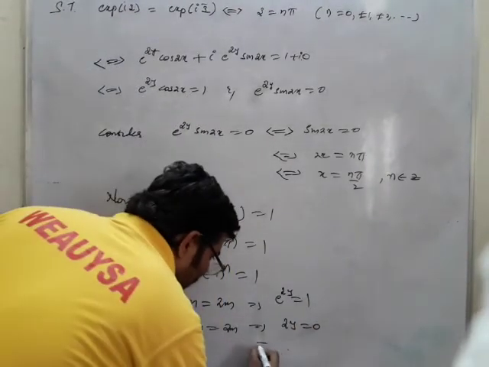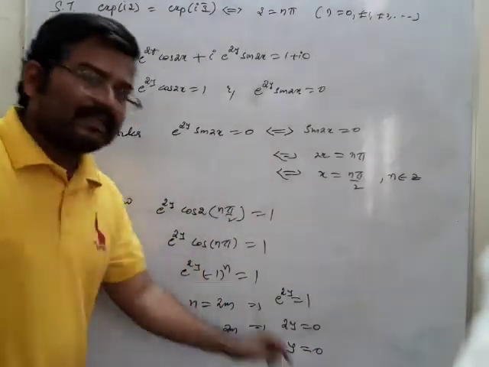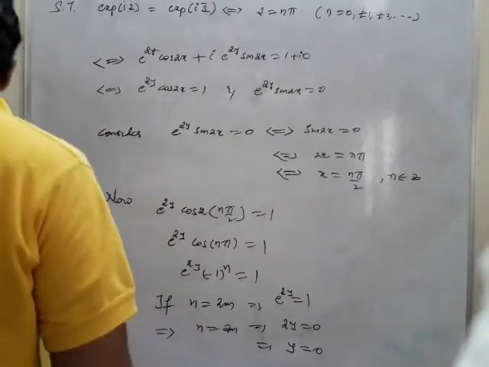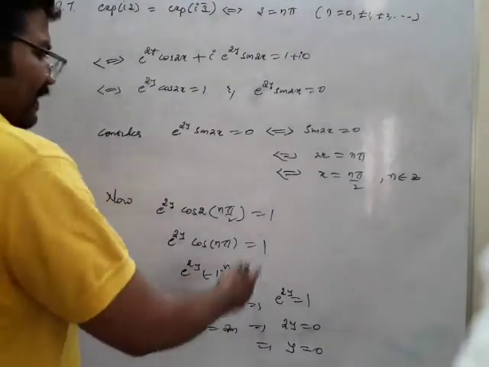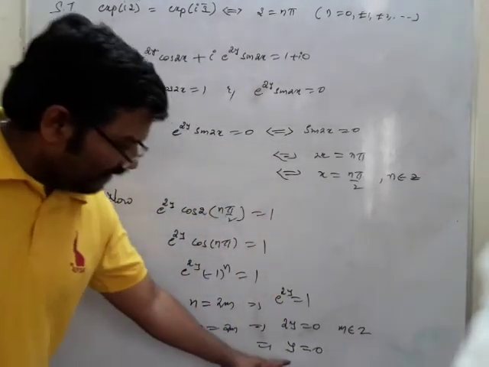So therefore that is nothing but y is equal to 0. You got y equal to 0, and for all m belongs to Z.